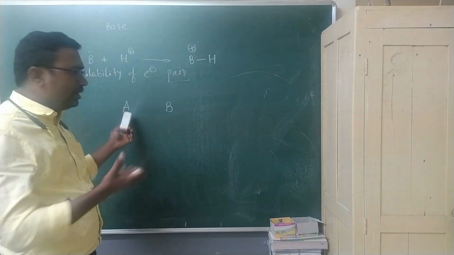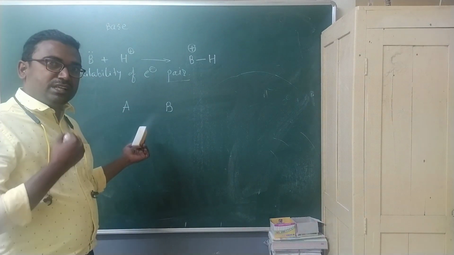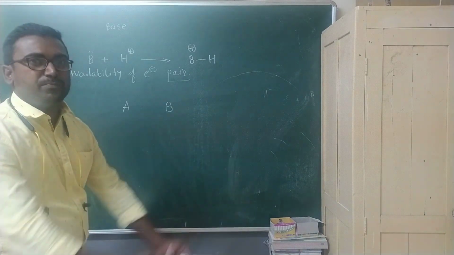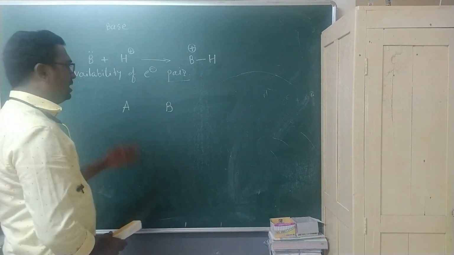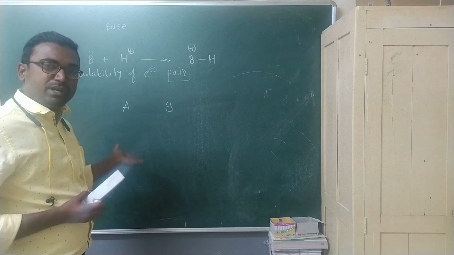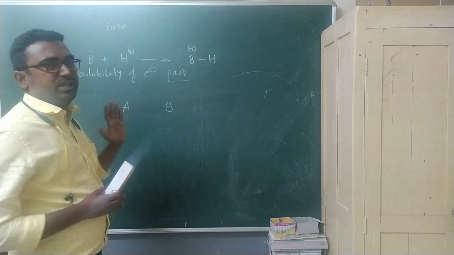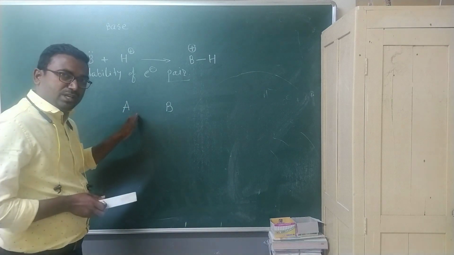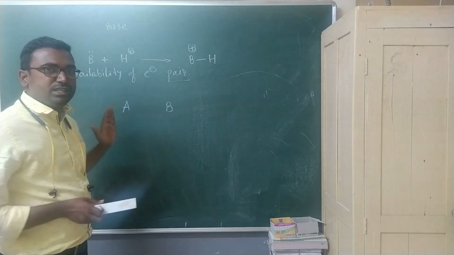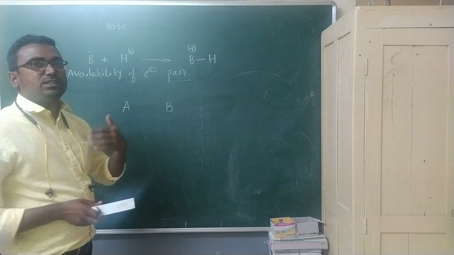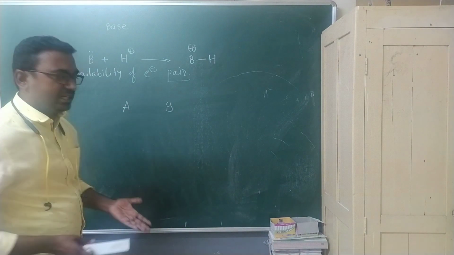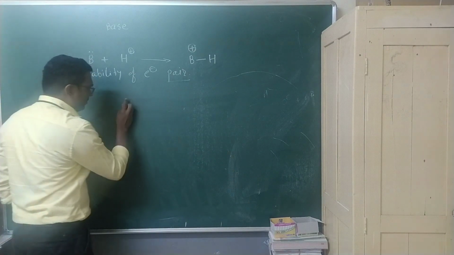If that atom is holding electrons towards itself, it will not easily donate electrons to any positive charge species or electrophilic species, so automatically its basic character will decrease. If the electronegativity of any atom increases, then its basicity decreases.